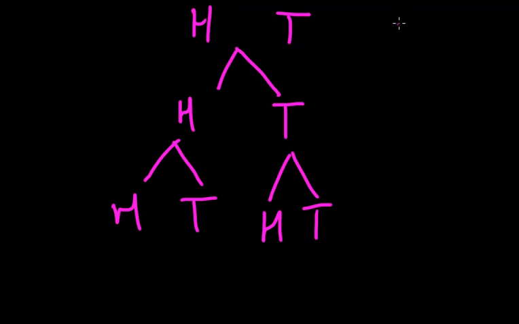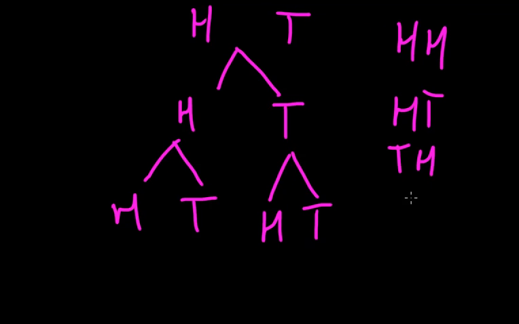So the results will be HH, HT, heads first, tails second, and if I do tails first, heads second, and tails both times. Now these two have the same result, so they are basically interchangeable. For my first result, the probability of getting that would be 25%, 1 out of 4, right?